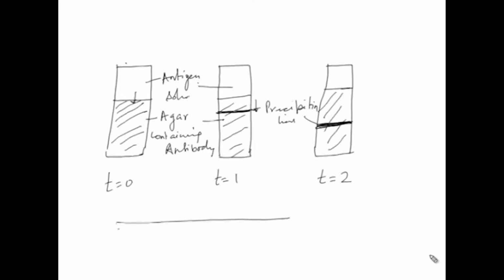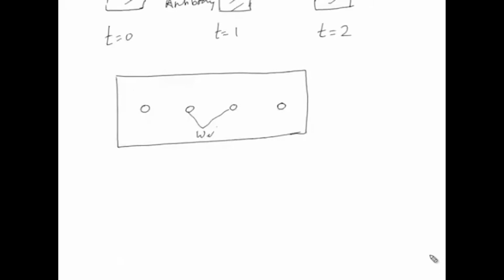In two dimensions, this is done on a very simple microscope slide. Here you punch holes or slots for loading the antigen solution. These are the wells which have been cut here for putting in the antigen solution.